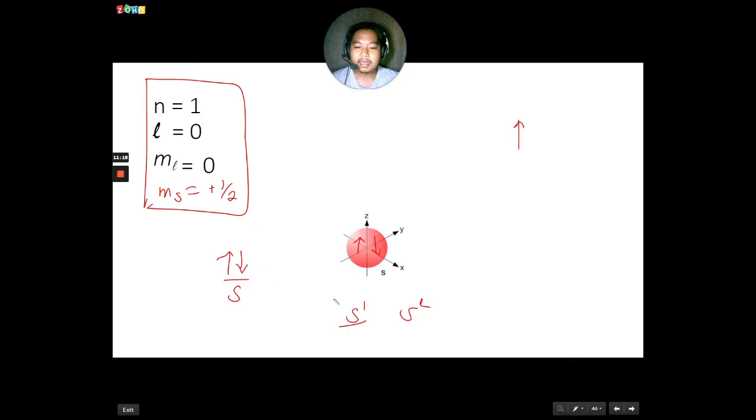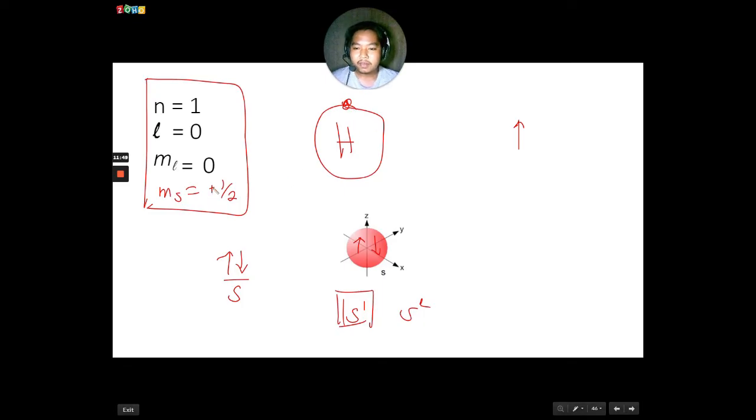Surprisingly, this is just S1, right? And if I place my n, that would be 1s1. And what is 1s1? That is hydrogen: an atom with a spherical orbital holding one electron spinning upwards.